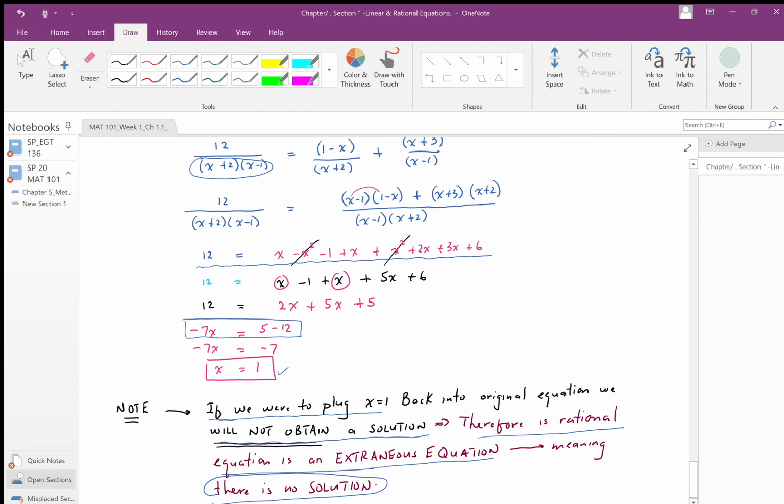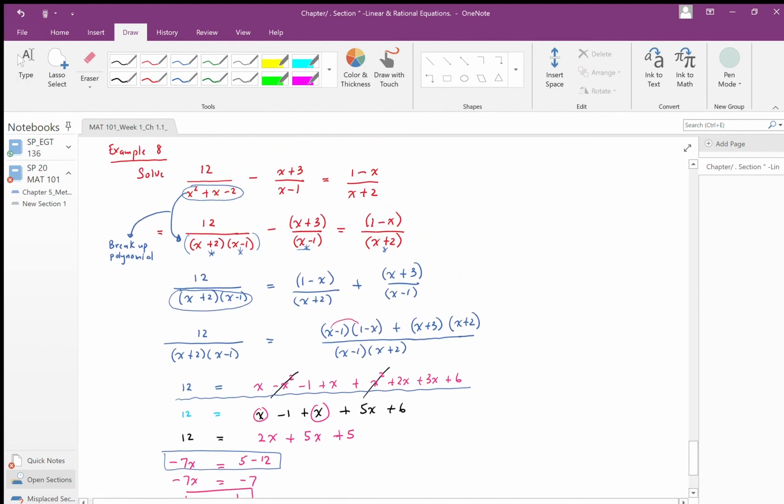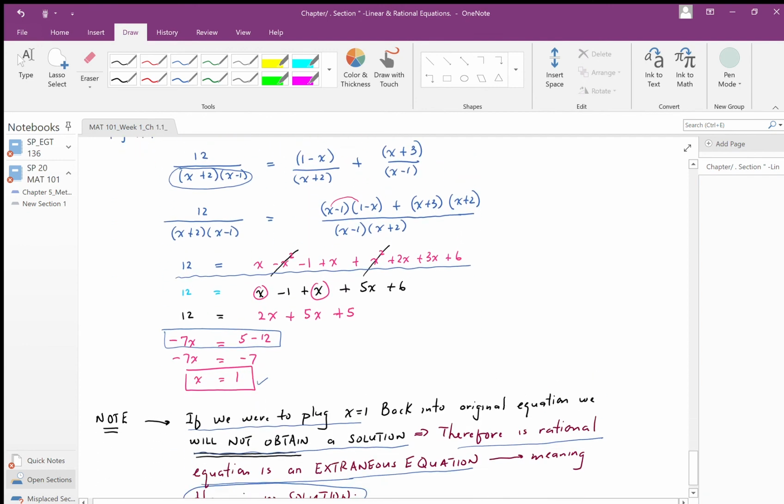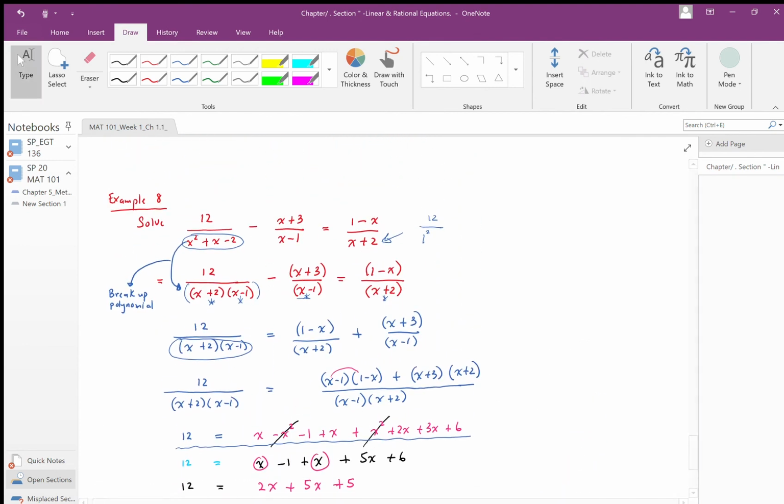So if you take 1 and plug it back into here, you're going to get 12 over 1 squared plus 1 minus 2, minus 1 plus 3 over 1 minus 1, equals 1 minus 1 over 1 plus 2.